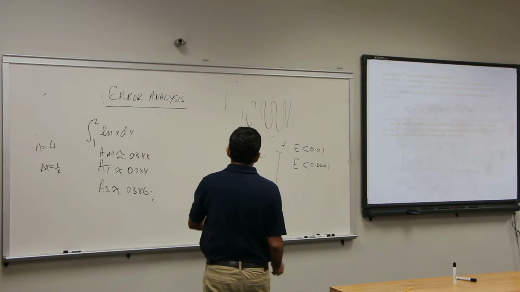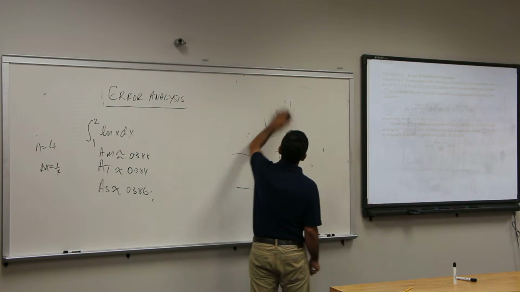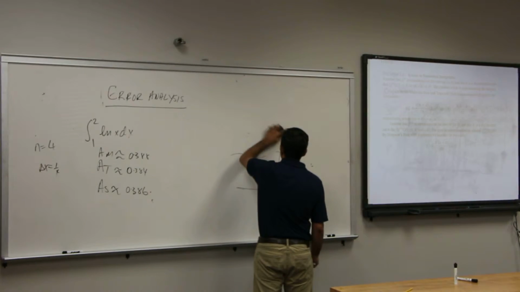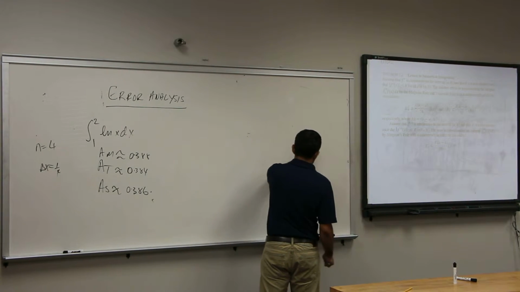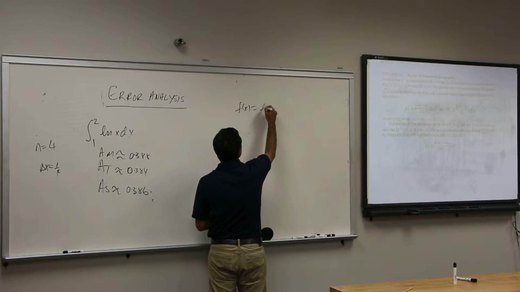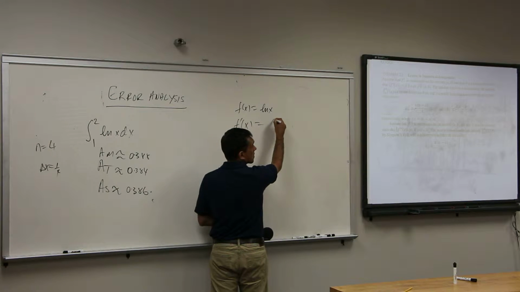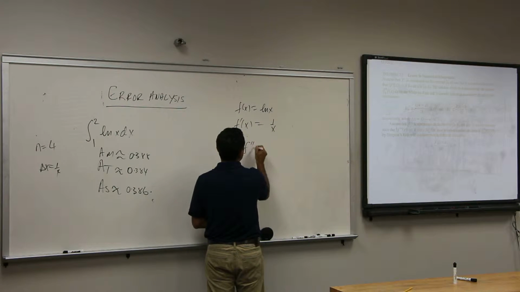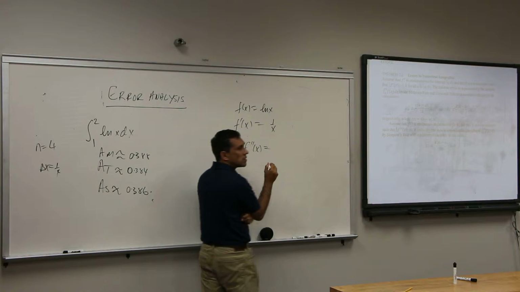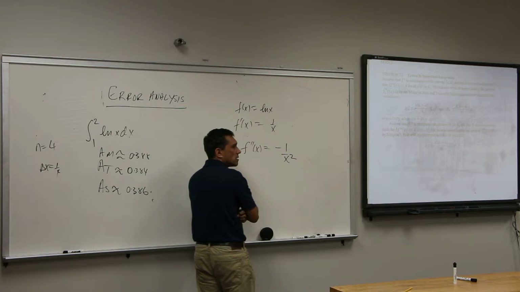So my f of x is what? Ln x. So I need the derivative of that. What is the derivative? 1 over x. What's the second derivative? Negative 1 over x squared.